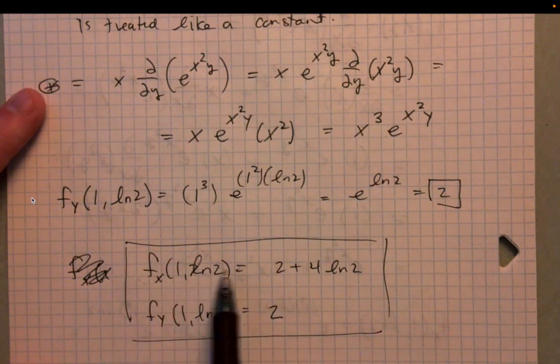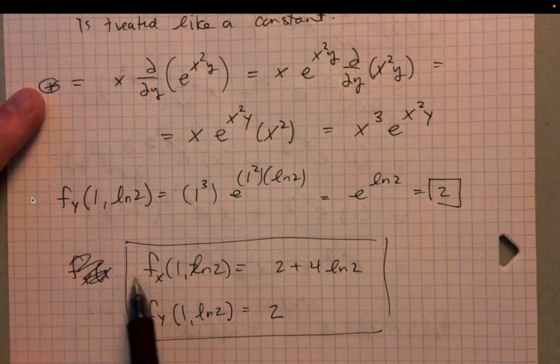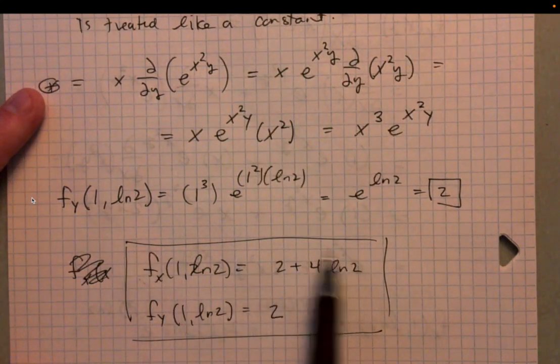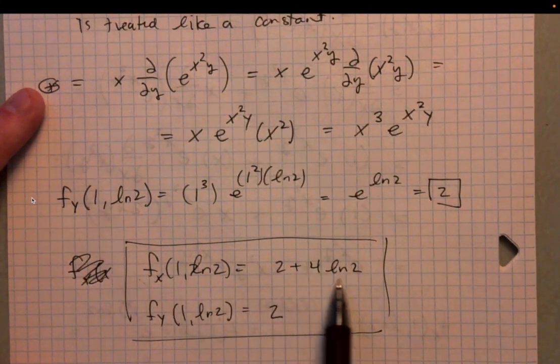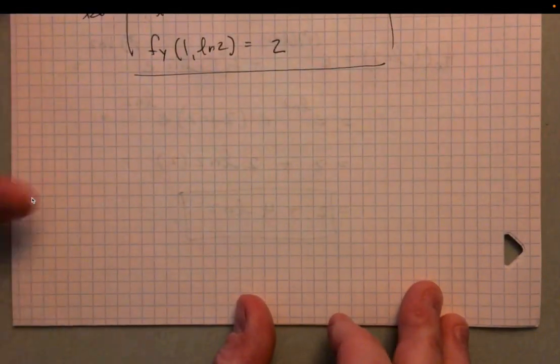Now for x, at the same point in the direction of the x-axis, the slope is different. It's 2 plus 4 ln 2. Right? So you have different slopes for these different directions. Okay, and so that's going to lead us directly into the next example, which is going to explicitly ask us to find these slopes.